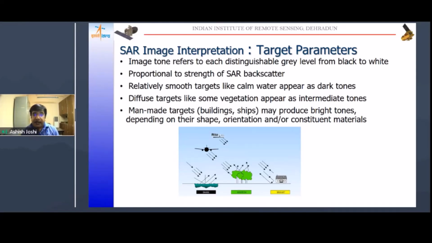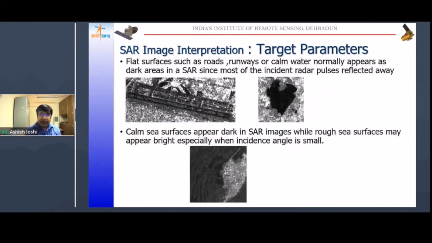The rule of thumb is that every man-made target will appear brighter in the SAR image, while natural targets will have darker or moderate tones. Vegetation will have intermediate tones, relatively smooth natural surfaces will have very dark tones, and man-made targets will appear very bright in the SAR image.